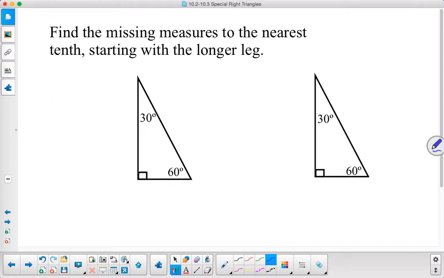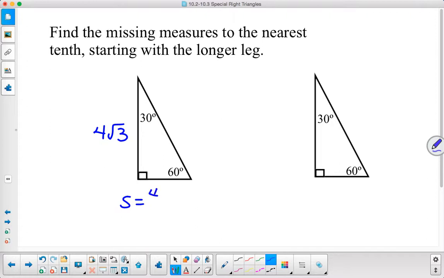Now, the last type of problems would be starting with the longer leg. Now, the easiest way would be if I start you with 4 times the square root of 3. That looks like a messy length, but you want to find the short leg. So short leg, if you know the long leg, look at your notes there, your formulas.